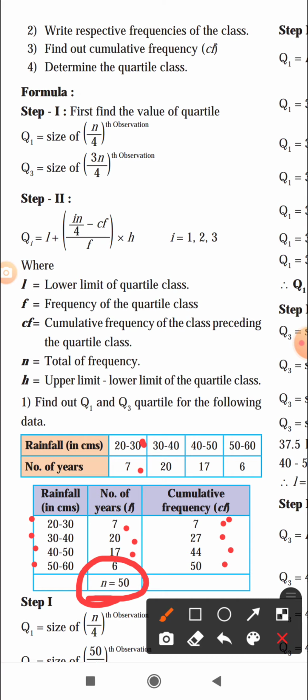N is 50. The cumulative frequency of the last class and the value of N are the same. It is a trick to check whether N and cumulative frequency match.